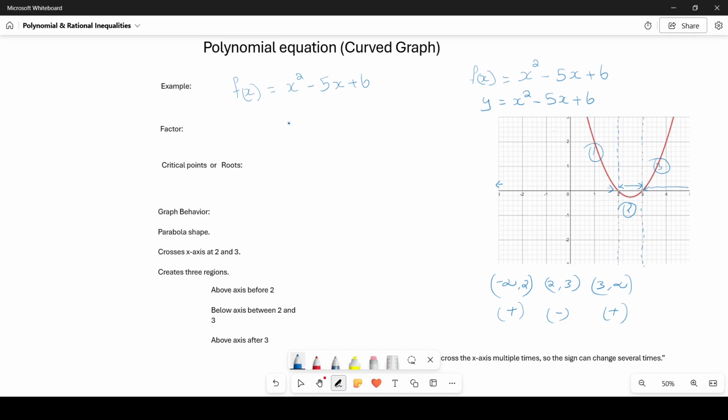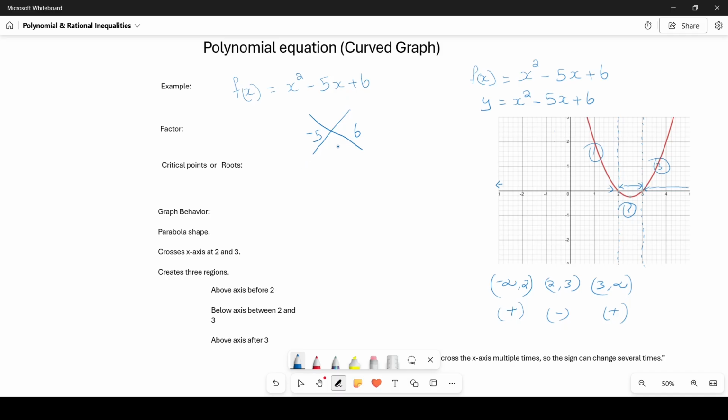Without drawing the graph, we can also analyze this characteristic using a number line and some algebraic techniques. We are going to factor this quadratic, x square minus 5x plus 6. We need two numbers that multiply to positive 6 and add to minus 5.